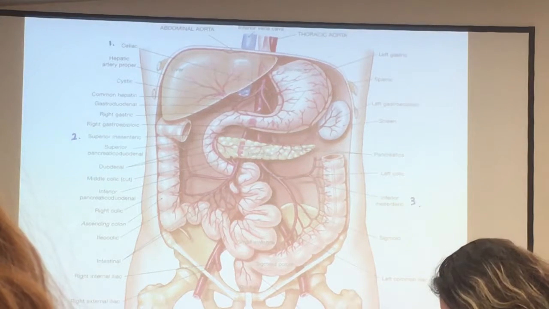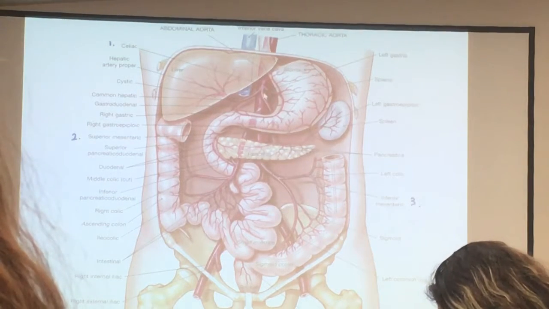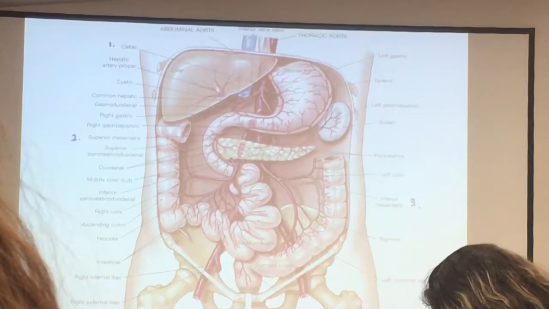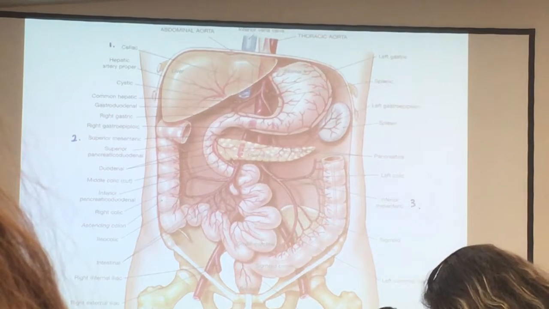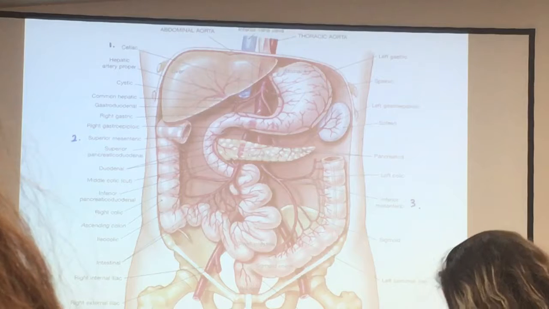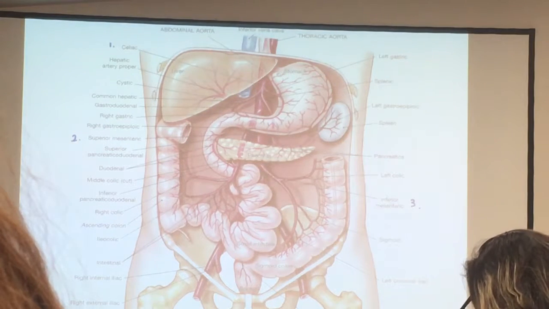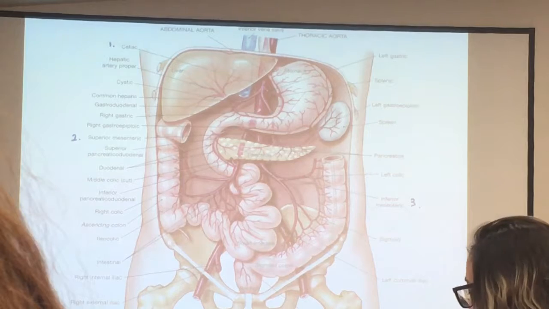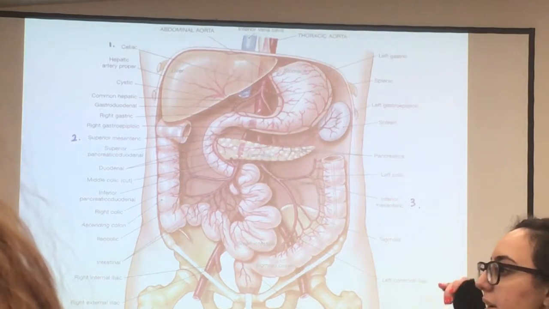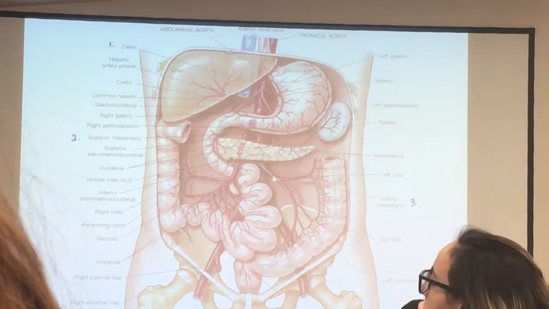Like from the celiac trunk, it goes to the hepatic artery and then the hepatic artery proper. From the lower part of the large intestine, the descending colon and sigmoid colon, it goes through the inferior mesenteric artery. I think this week in the lab, you have to identify all of these blood vessels.